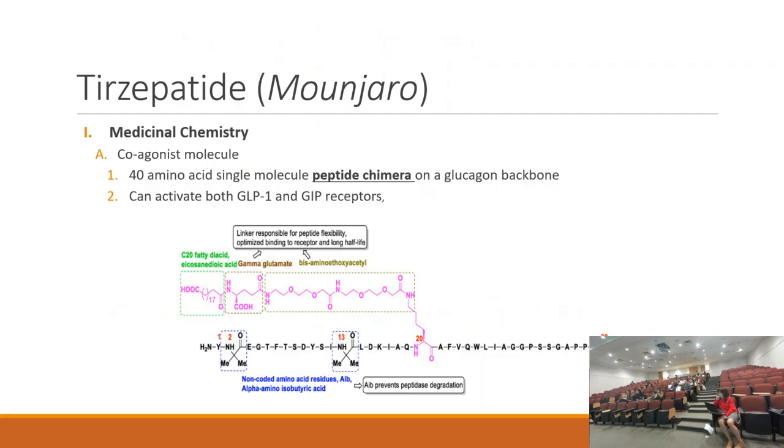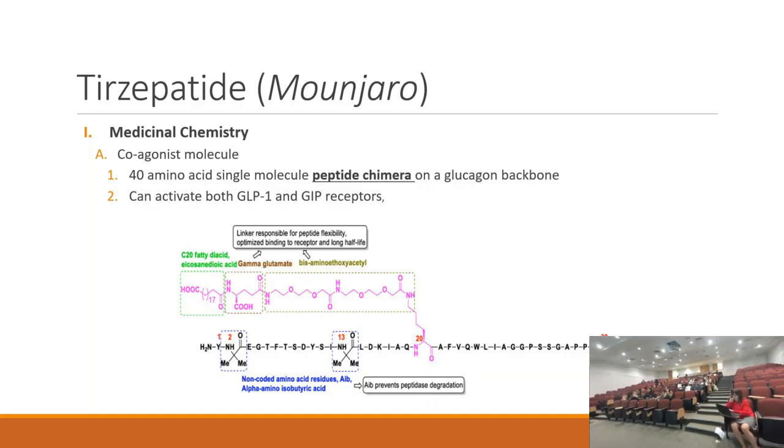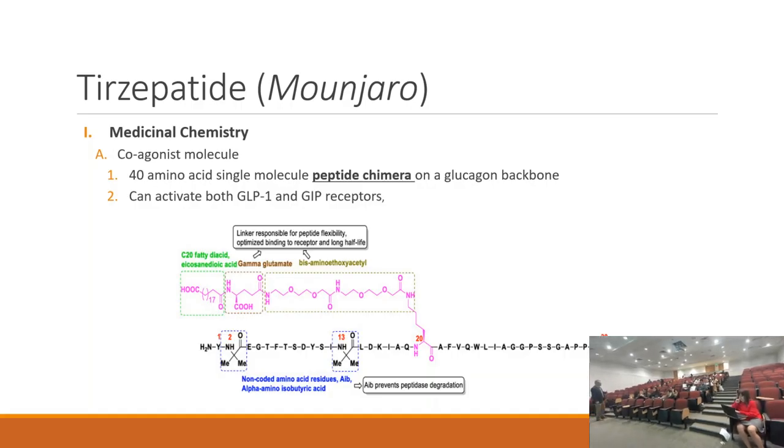It's a combination of an incretin GLP-1 hormone and a GIP analog. So we have two of the incretin hormones that are smashed together to form one type of drug. So it's sort of like a peanut butter sandwich as compared to peanut butter and jelly. So we get more bang for your buck with tirzepatide.